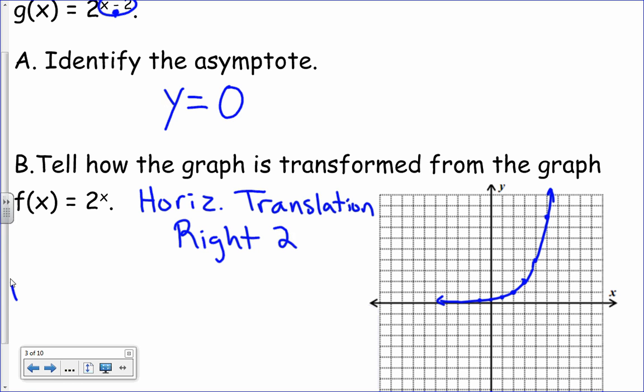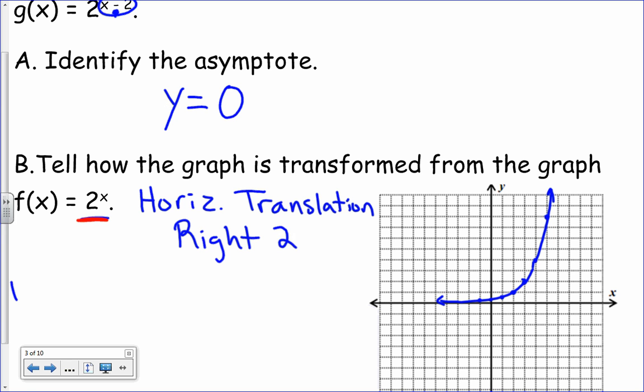If you left the graph of 2 to the x here in y2, you ought to be able to see that your blue graph goes to the right. Because the other one looks like this.